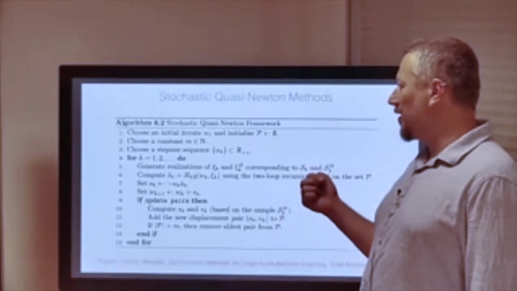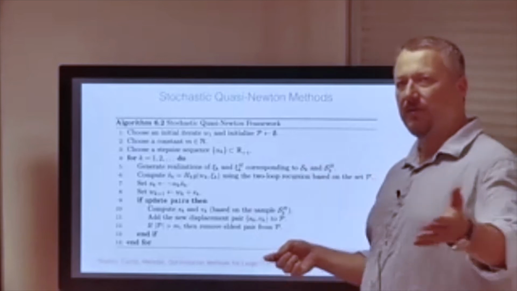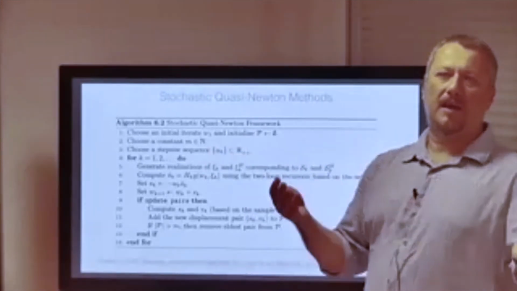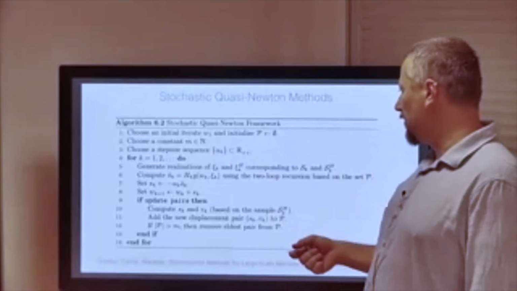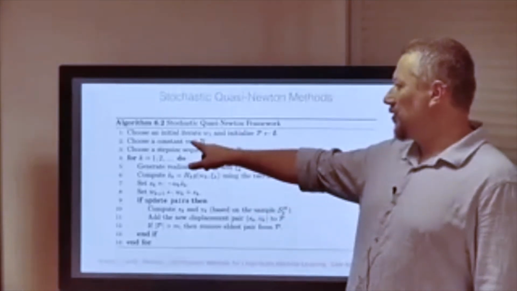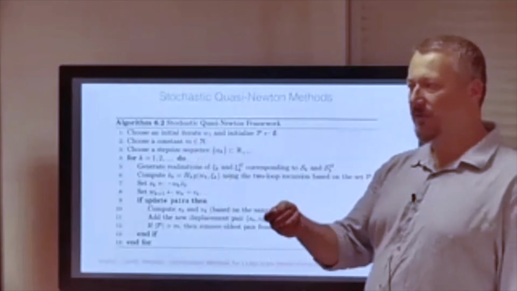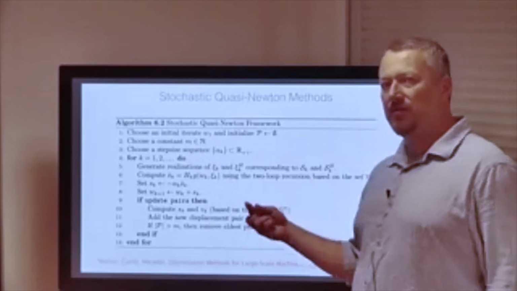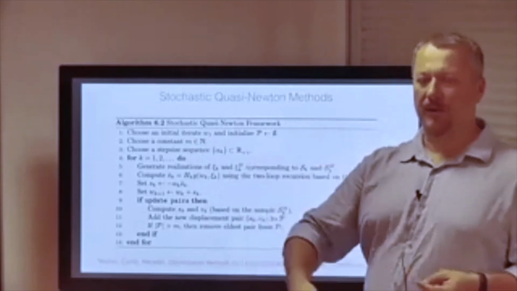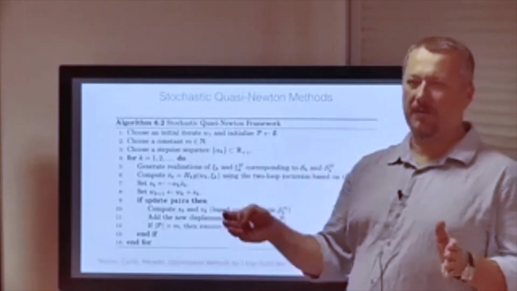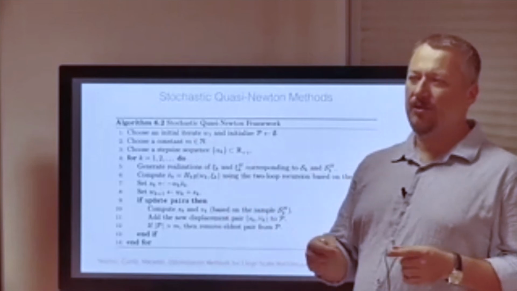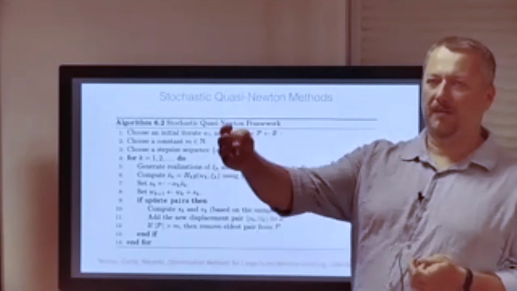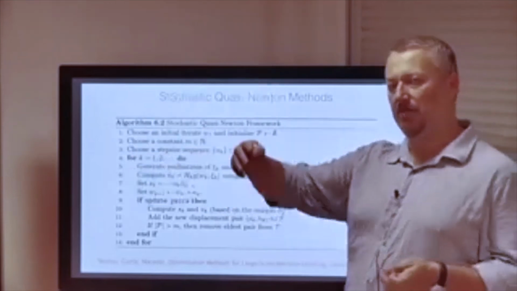What you do then is you don't record all of the steps, but you record only the last m steps. So you choose a constant m, and you record only m steps. And with the stochastic quasi-Newton methods, what is shown to work better is that it's not just the last m steps. You record the curvature pair every 10 steps or every 20 steps, and you take the last m many of them.